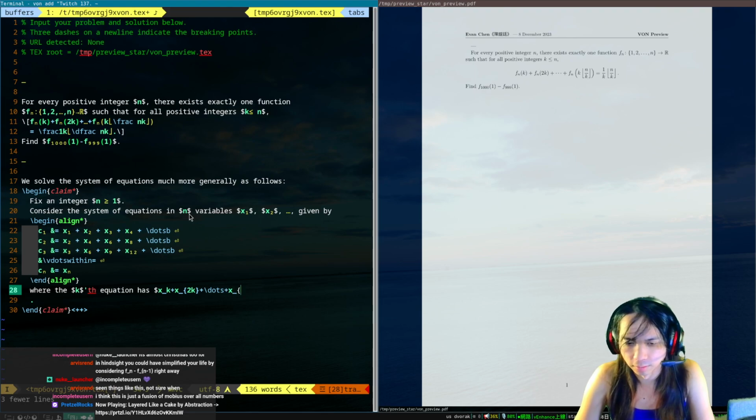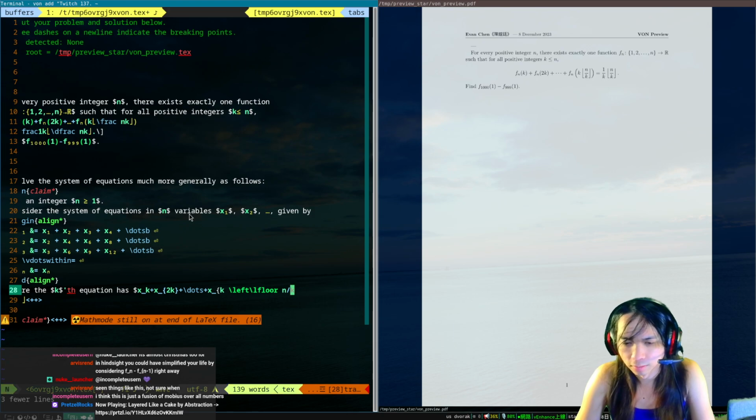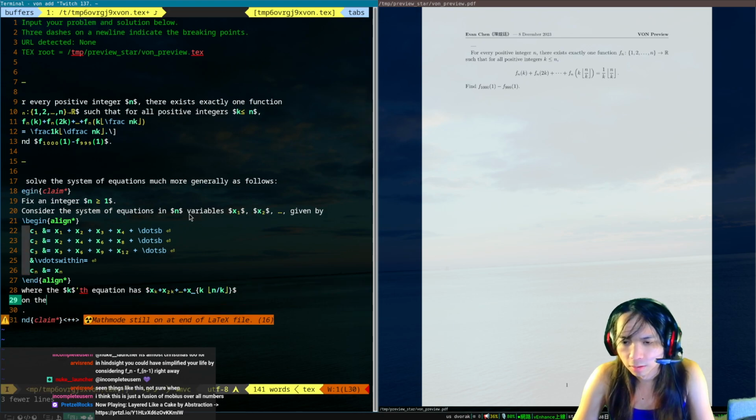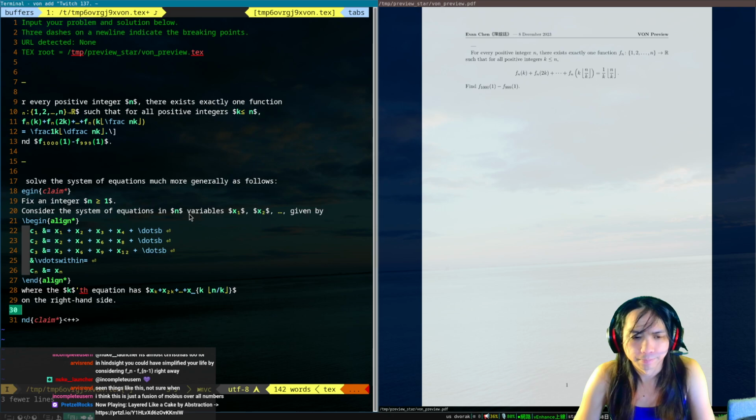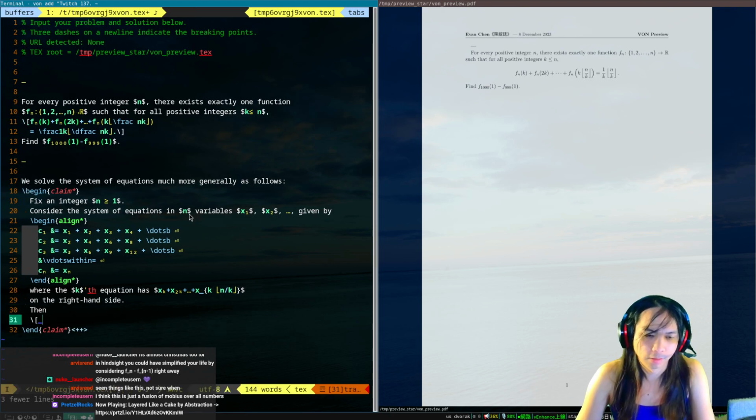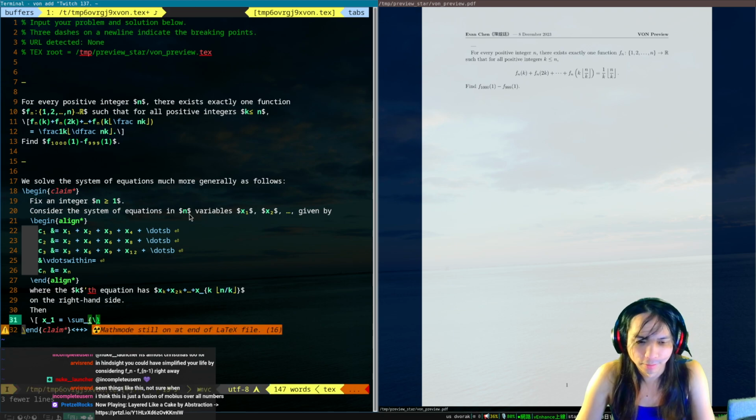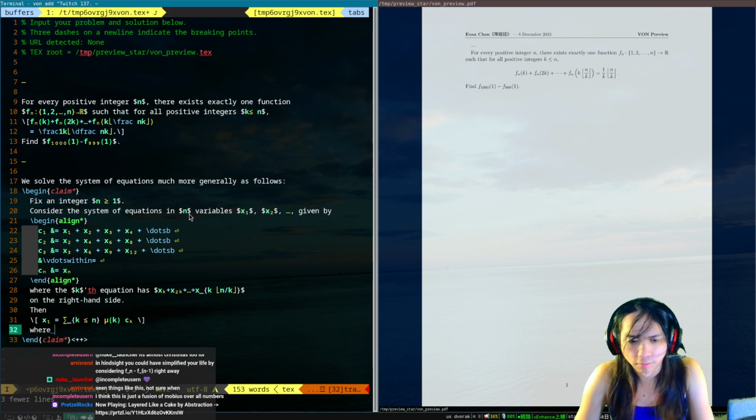X, n, k for n over k on the right hand side. And the claim is that x1 is the sum over k less than or equal to n of mu k, ck, where mu is the Mobius function.